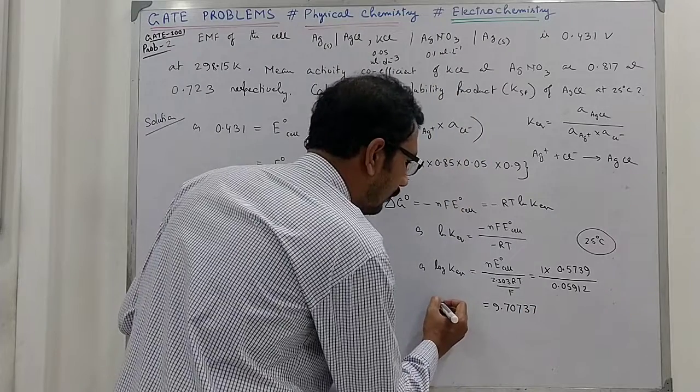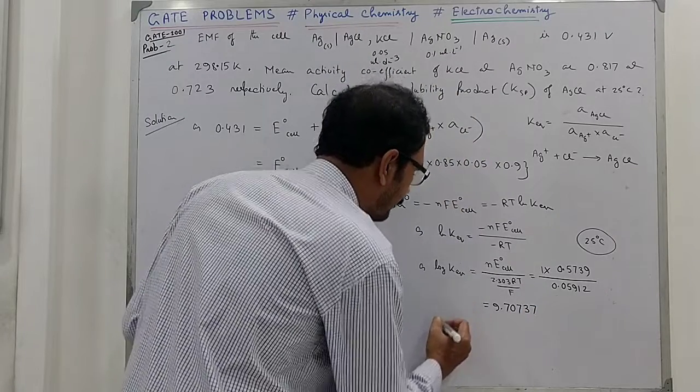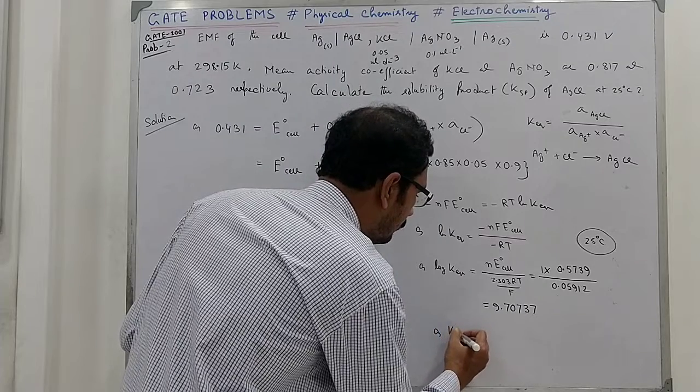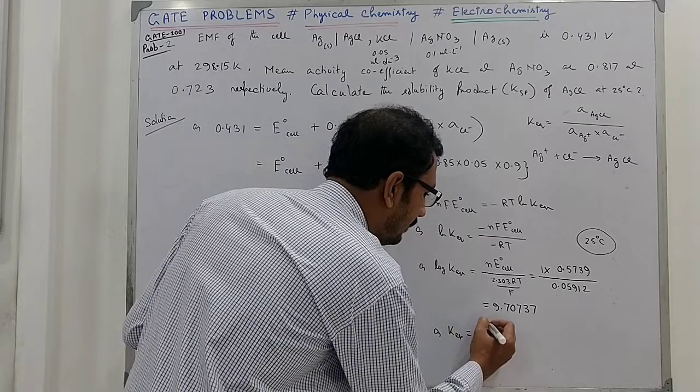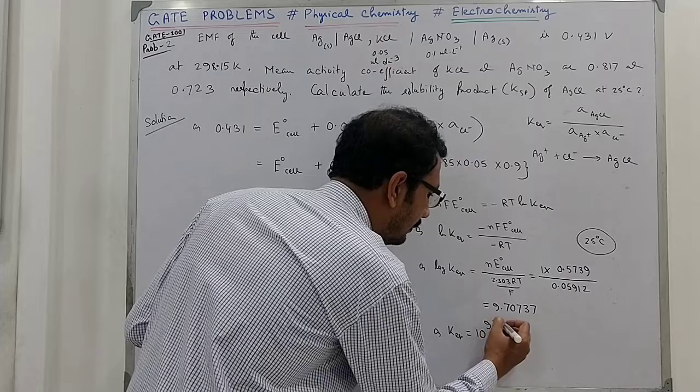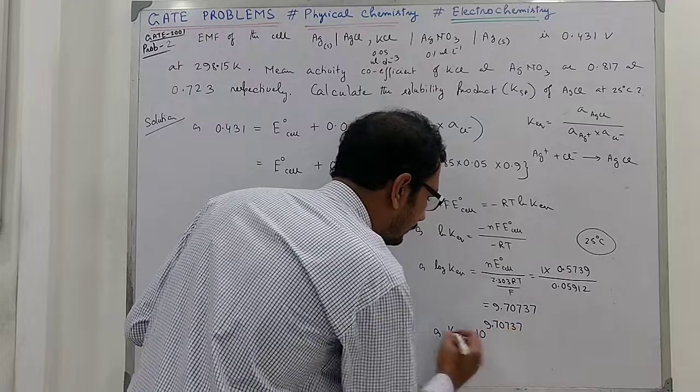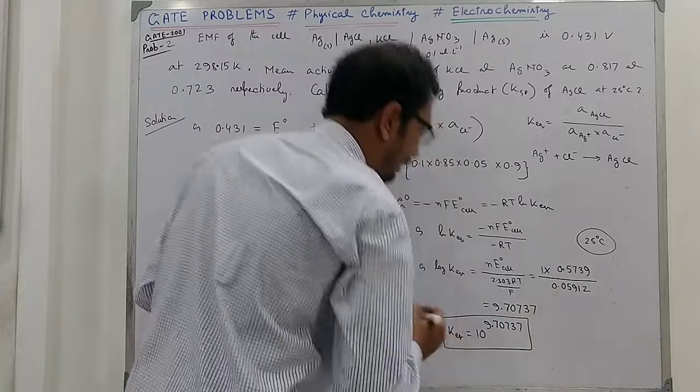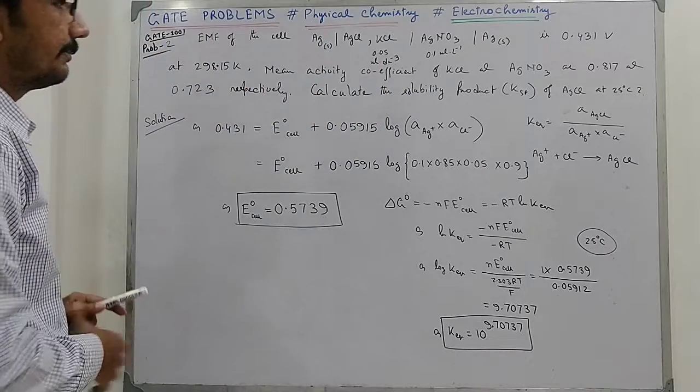This is the value of log K equilibrium, or K equilibrium equals 10 to the power 9.70737. So we get the value of K equilibrium.